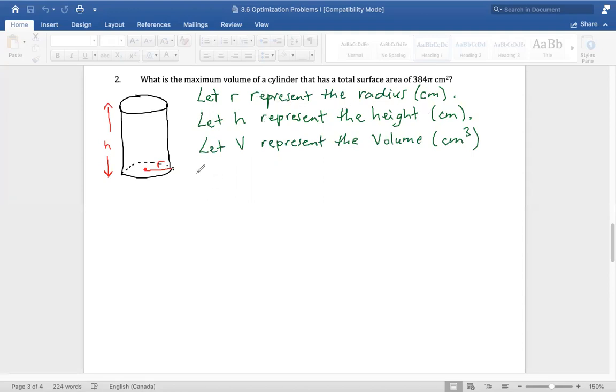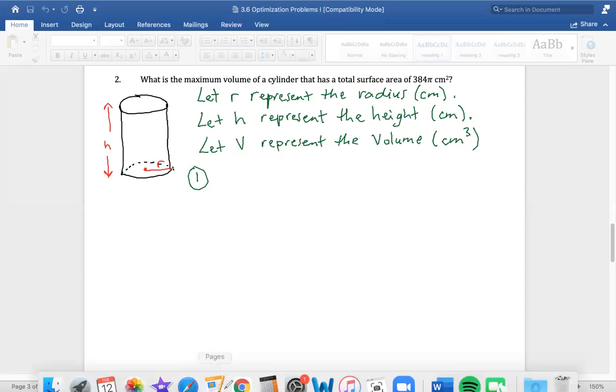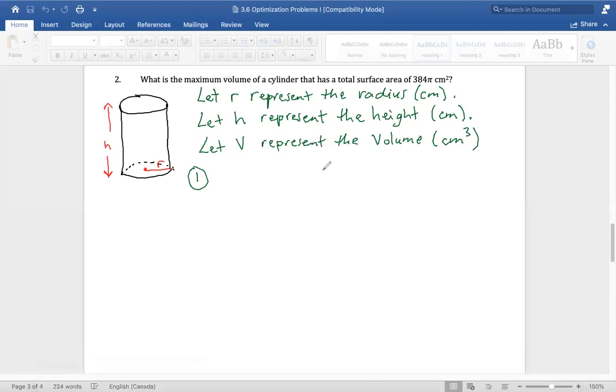So we already said our one equation has to be the volume equation. Again, these equations I will give to you. You'll have a worksheet, or I'll just add it right into the test question there. So the volume of a cylinder is pi r squared, the circle on the bottom, area of a circle times the height. Pi r squared times height.